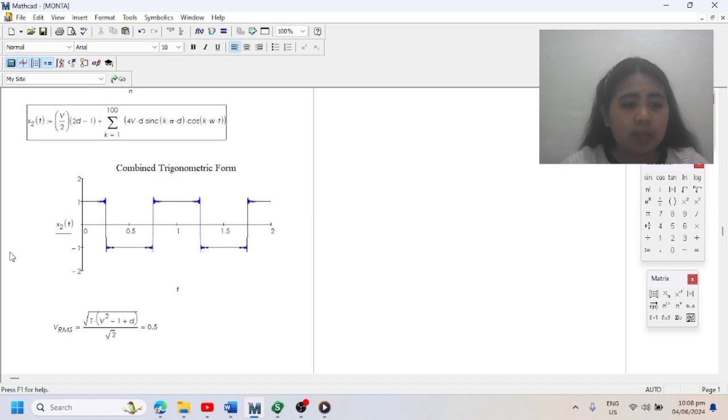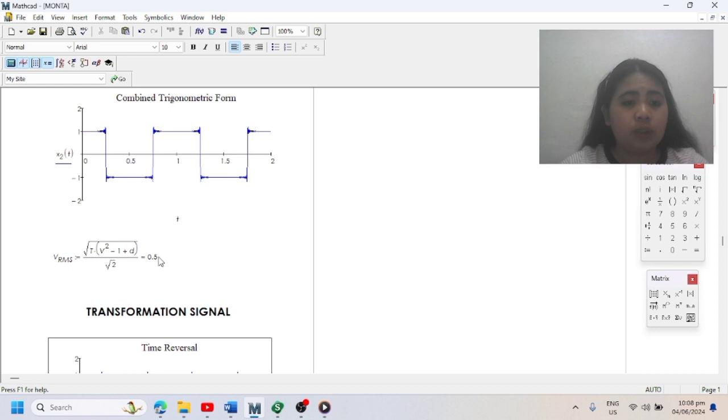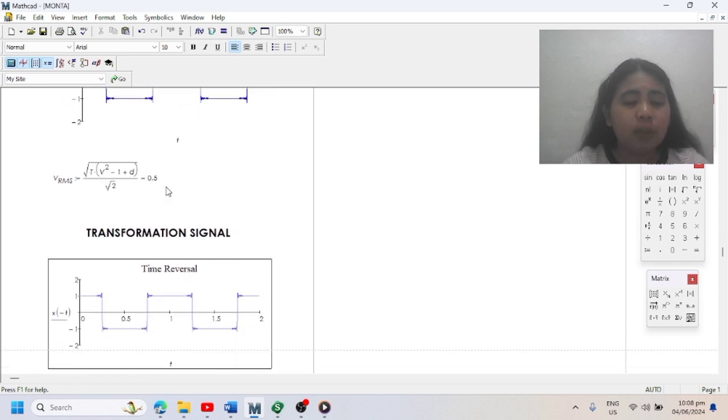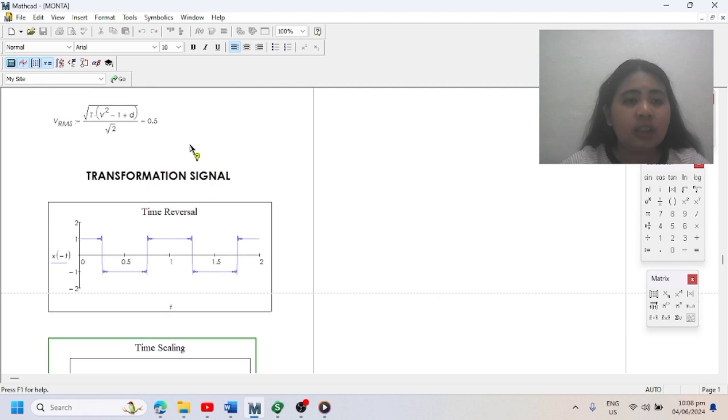So for the VRMS equals to the square root of t times v squared minus 1 plus d over the square root of 2 is equal to 0.5. So for the transformation of signal, here is the transformation of the signal.